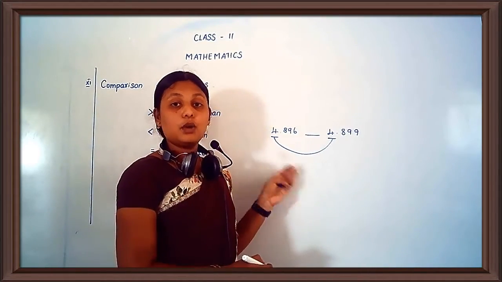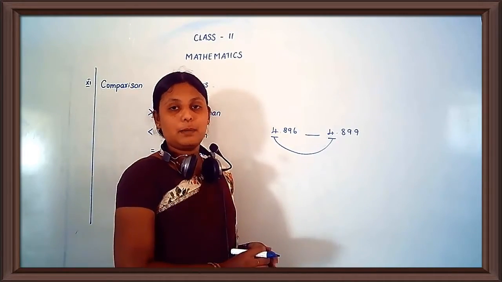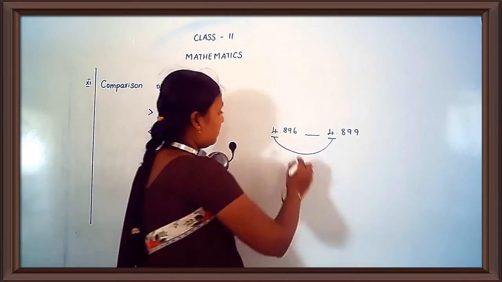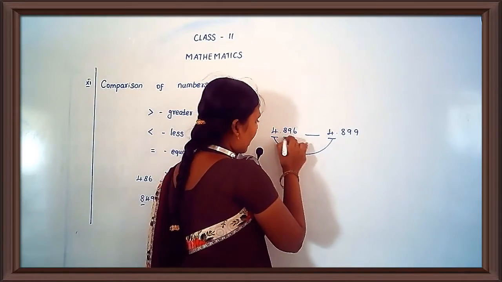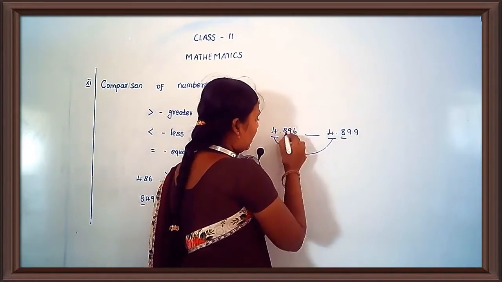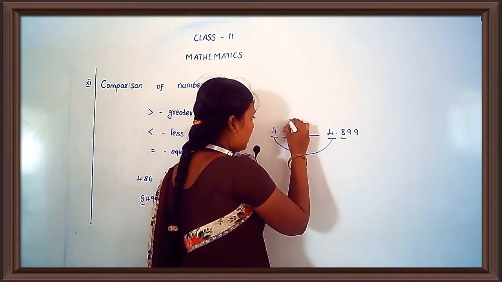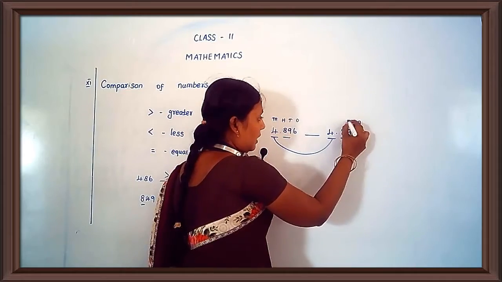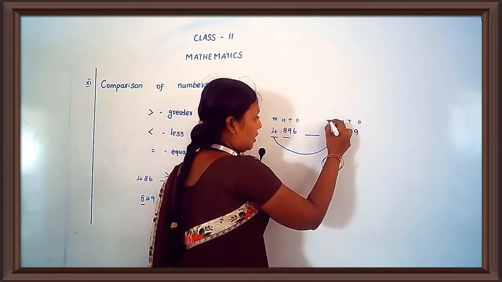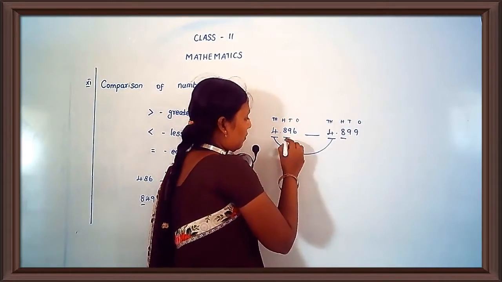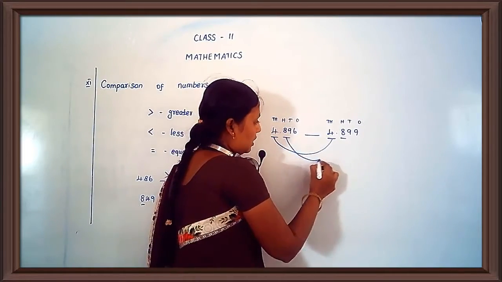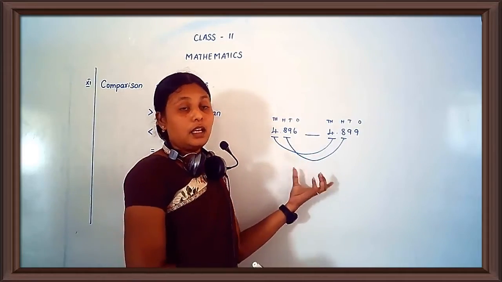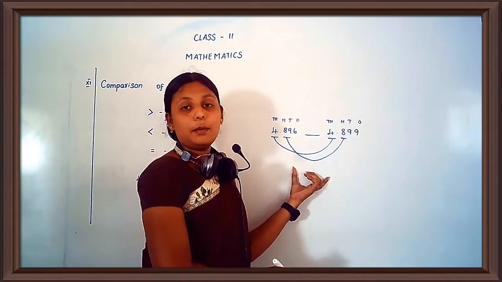Next we have to compare the hundreds place value. The positions are ones, tens, hundreds and thousands. The hundreds place value is 8 and 8, 800 and 800, so the hundreds place value is also the same.